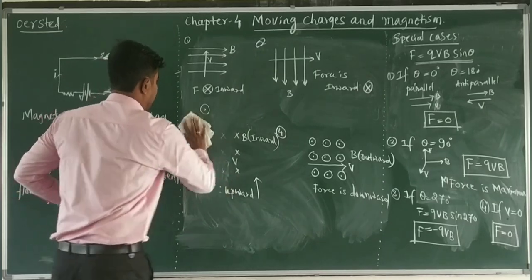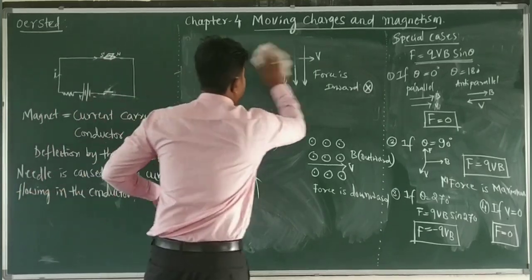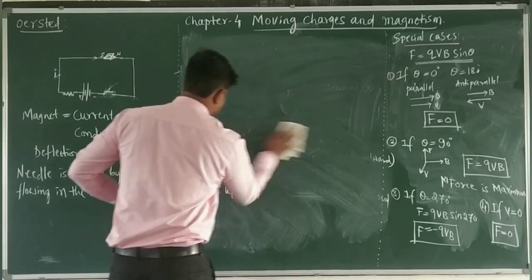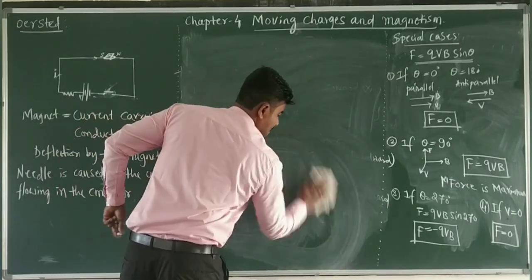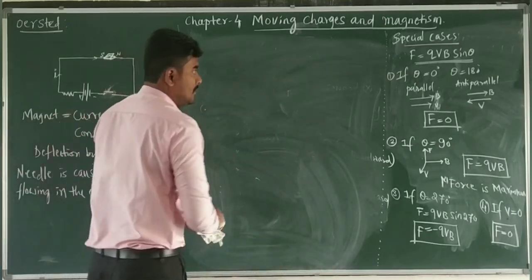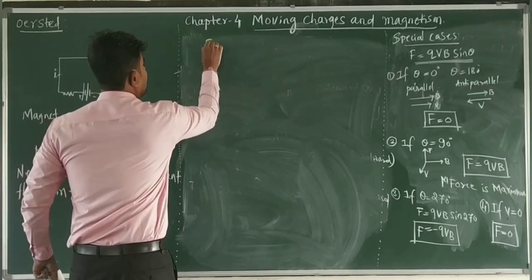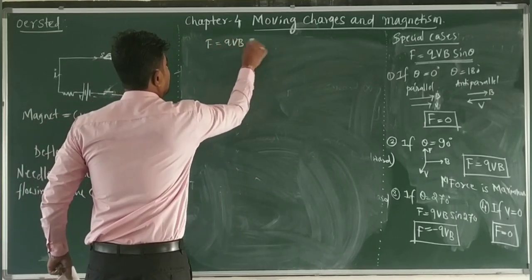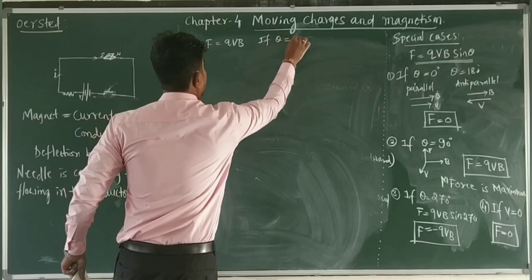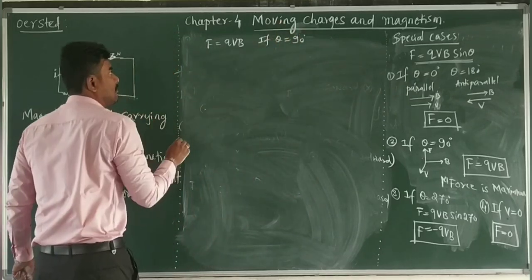Next, see here. F is equal to QVB if theta is equal to 90 degrees. Maximum magnetic force will be there.